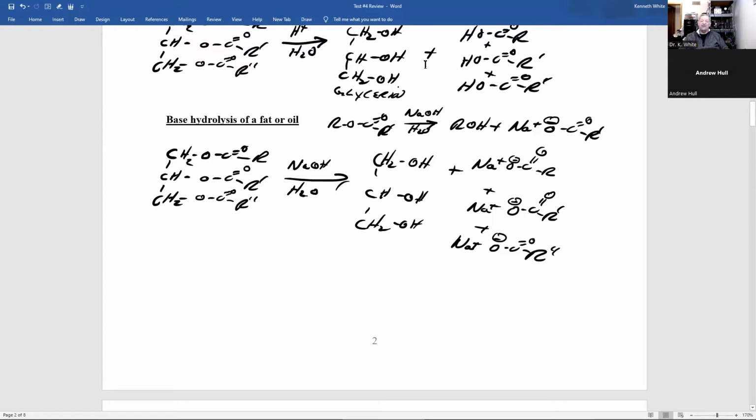Again, base, carboxylic acid, you get the carboxylate anion. If you take a fat or oil, this triglyceride, ester 1 gives this alcohol plus this carboxylate anion. Ester 2 gives this alcohol plus this carboxylate anion. Ester 3 gives this alcohol plus this carboxylate anion.